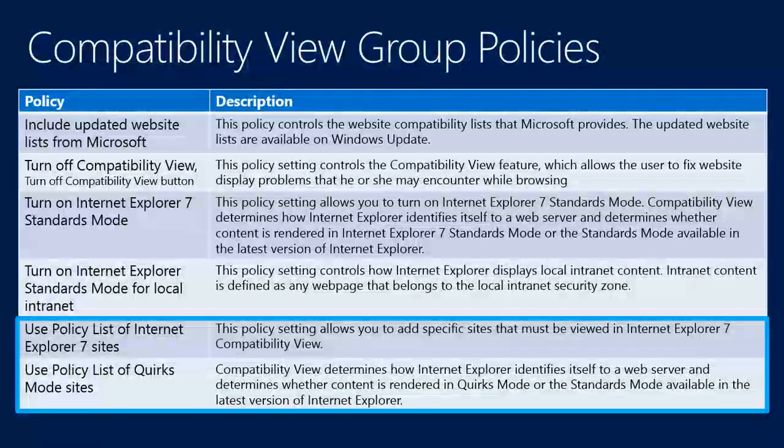Sorry, I didn't mean to misdescribe these. Each one of these group policies actually lets you create a list of specific websites. Those could be intranet sites, those could be extranet sites, but you create a list. Are they at the main level, or do you go down lower into, like, a full URL? You can use a whole URL.